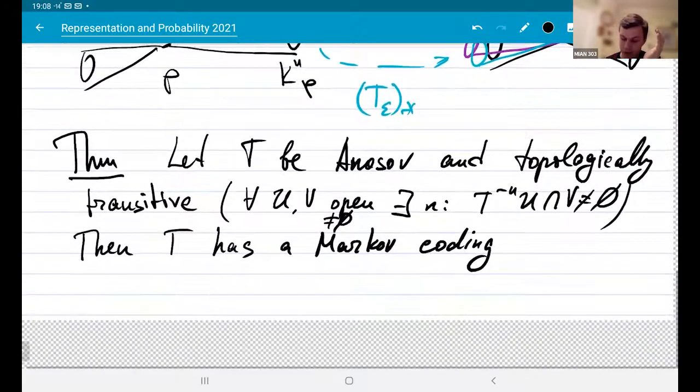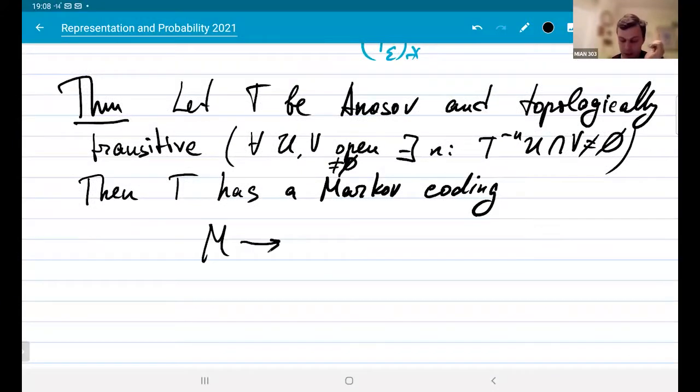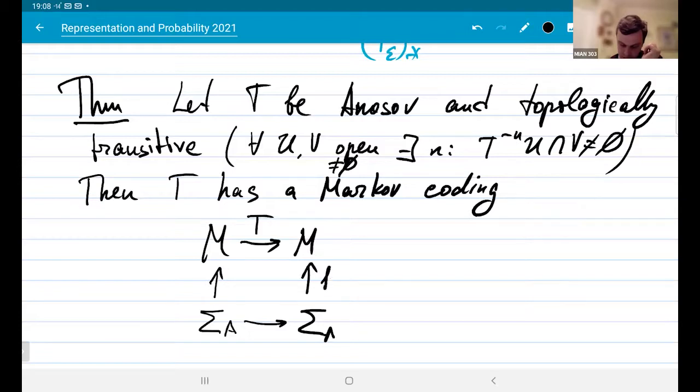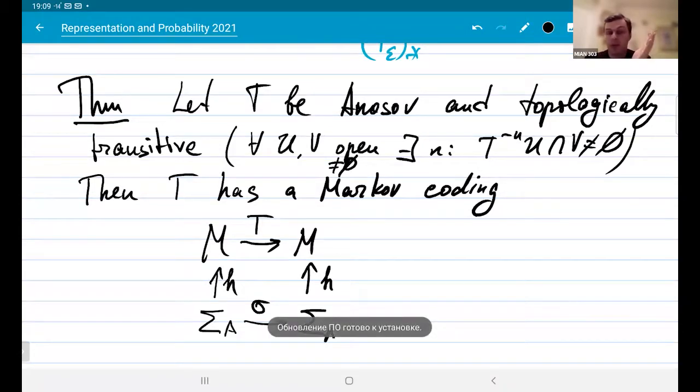So we have our manifold M, we have this map, and we have everything like this, but only in the topological sense, that this H is continuous.